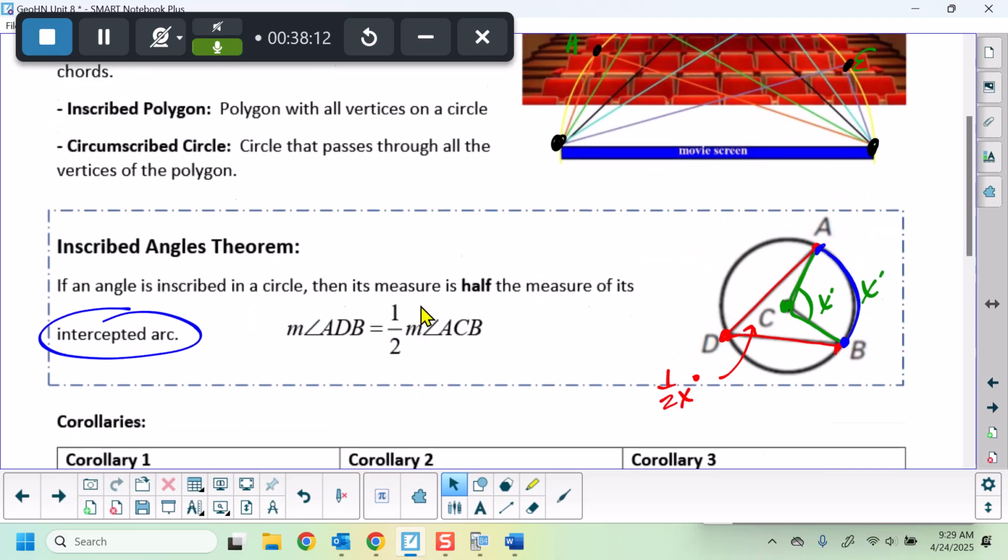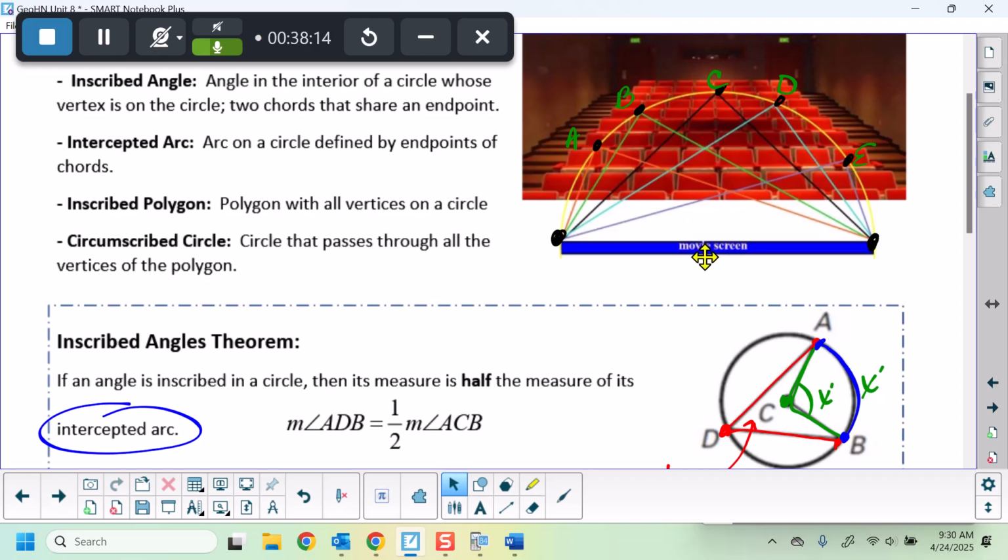Guess what? My movie screen, that was a diameter. So if my picture were to scale, what would each of these angle measures be? 90 degrees. That's your maximum view. So you have that 90-degree view on that circle.